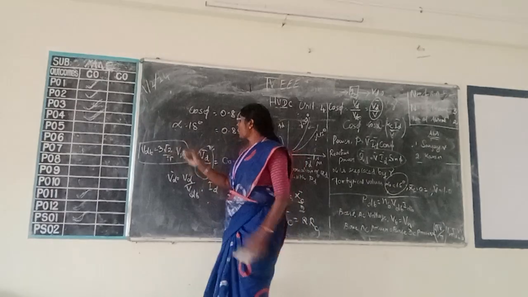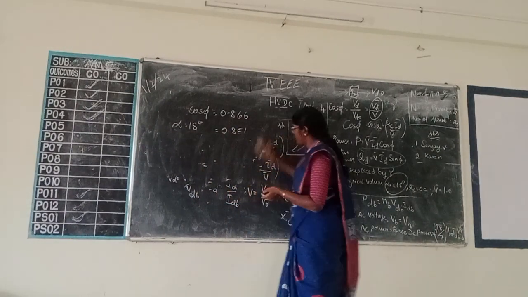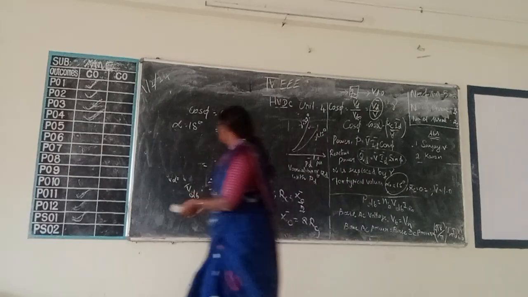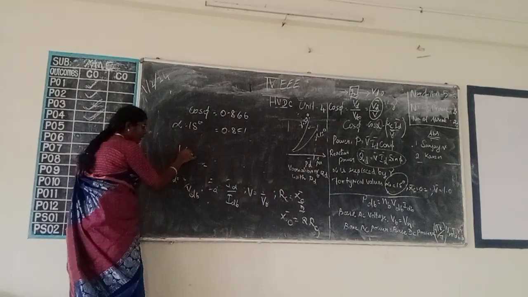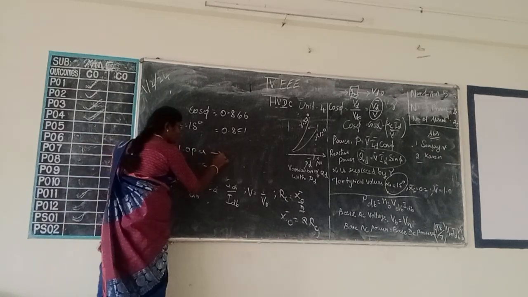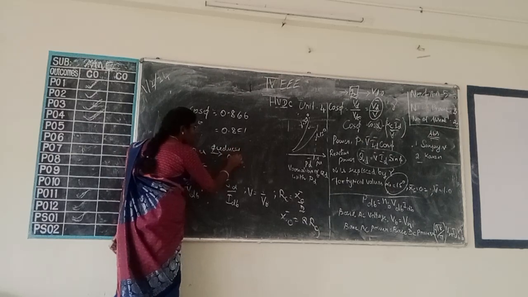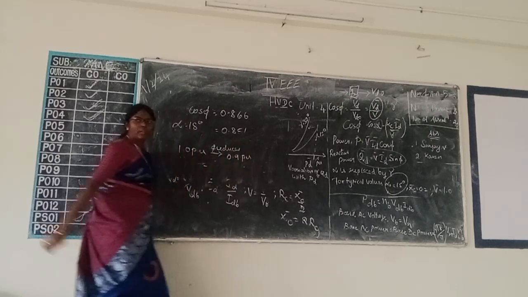If it reduces, then this voltage changes by 0.1 per unit. It reduces to 0.9 per unit.